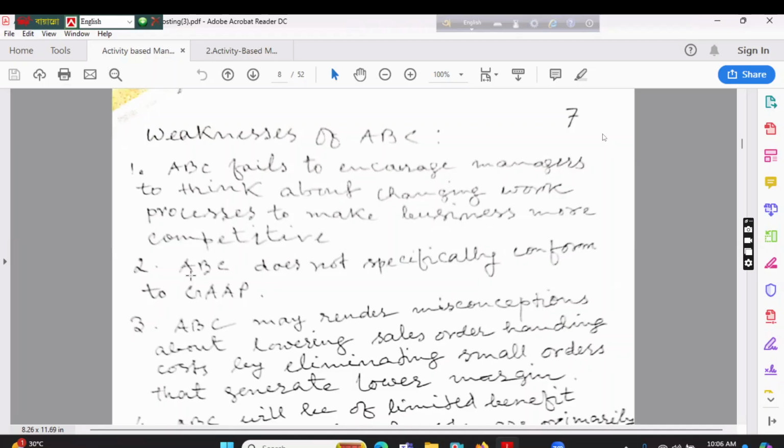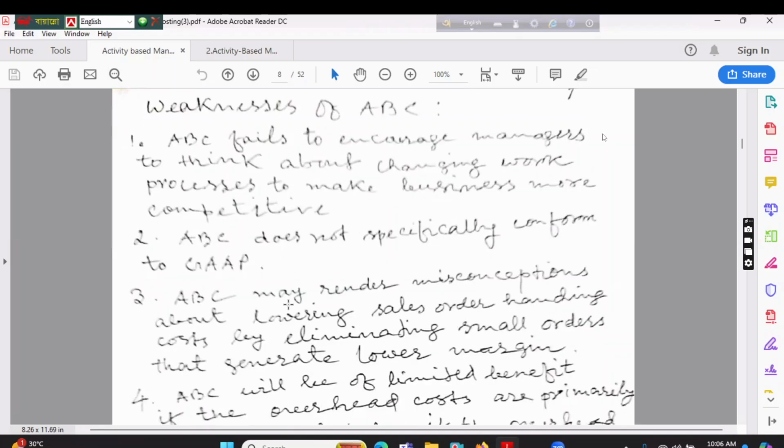Number 2, ABC does not specifically conform to GAAP, generally accepted accounting principles.